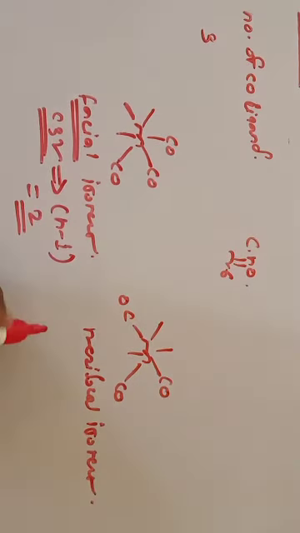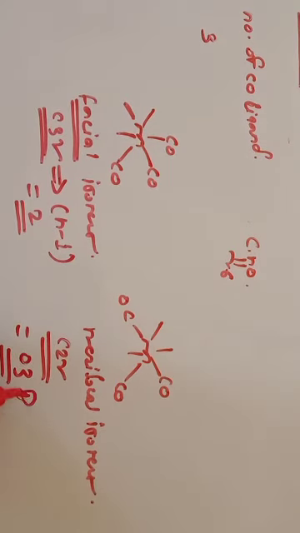In this case the point group is C2V, and whenever the point group is C2V, the number of IR bands is equal to the number of carbonyls, so there are 3 IR bands. So the facial isomer has 2 IR bands and the meridional isomer has 3 IR bands. In the next lecture, we will discuss the remaining points of this chapter.